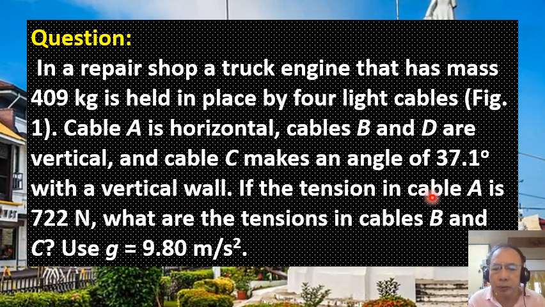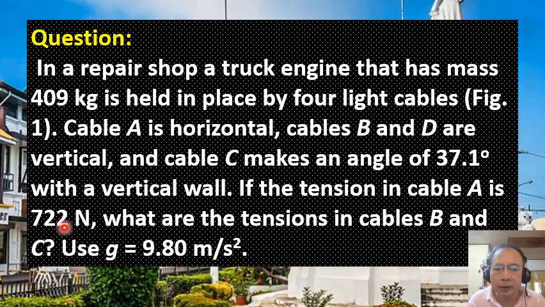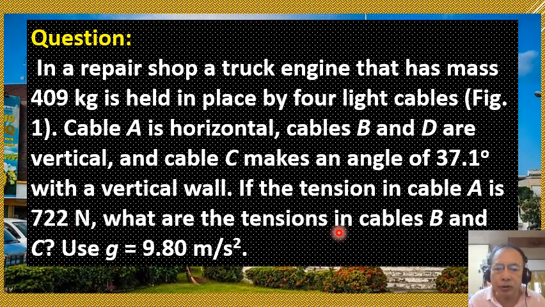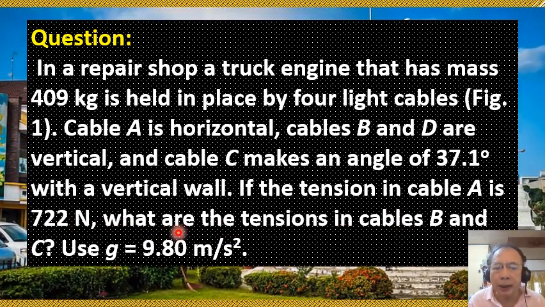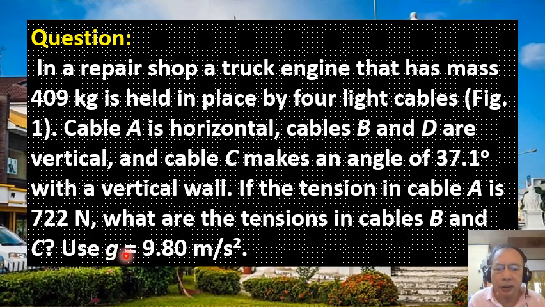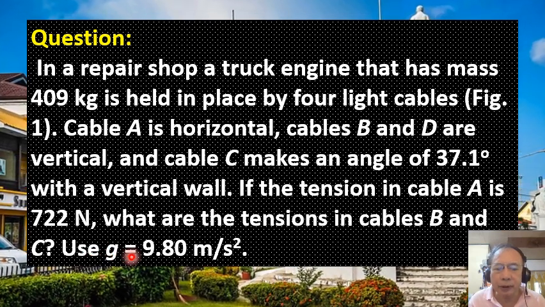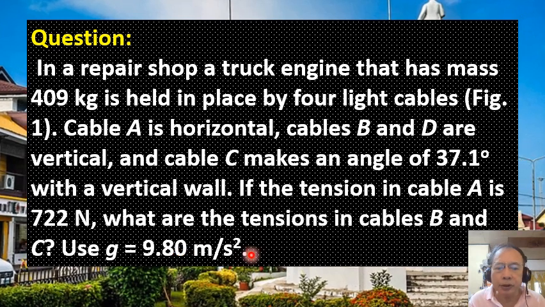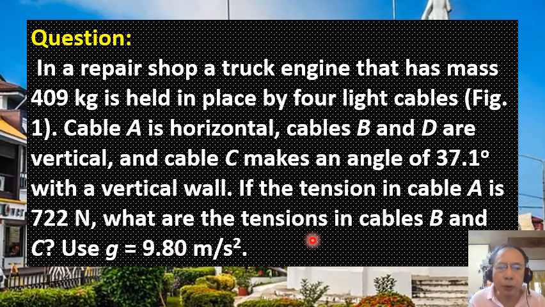If the tension in cable A is 722 newtons, what are the tensions in cables B and C? Use acceleration due to gravity, g equals 9.80 meters per second squared.